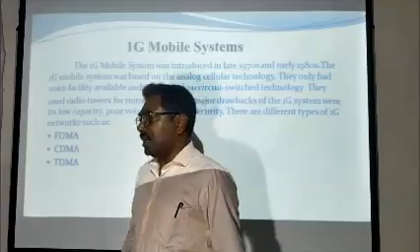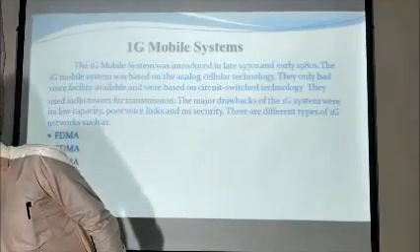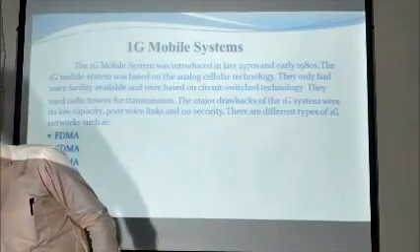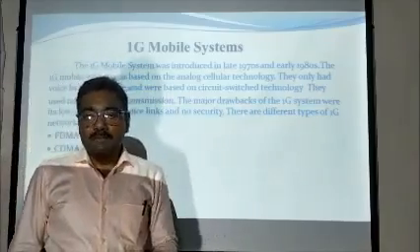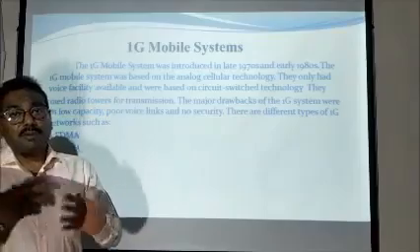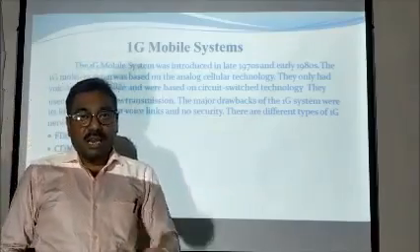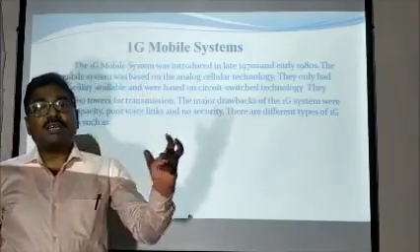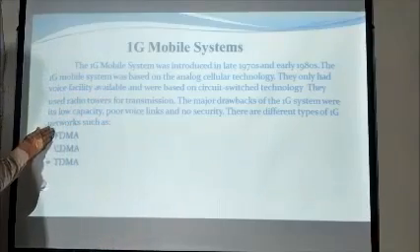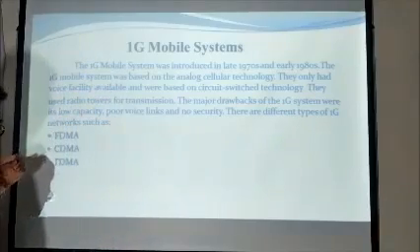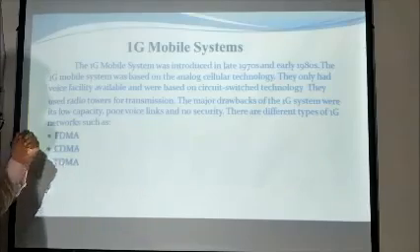These three things are required for any kind of communication: the frequency over which the communication is established, the code, which type of communication is established, and the time, when the communication is established.